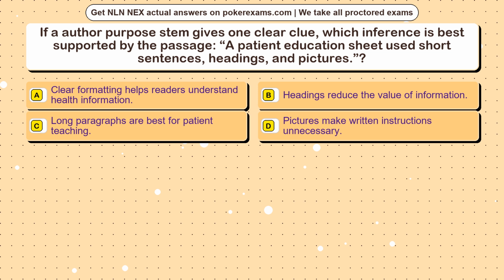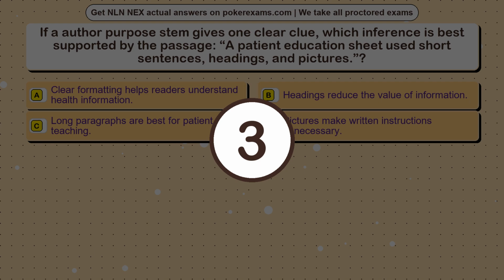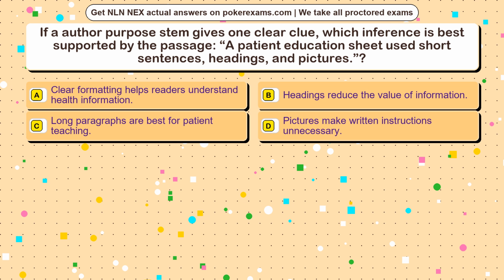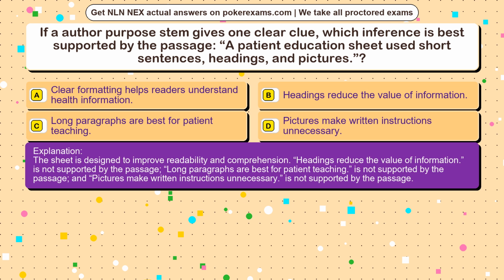Option D. Pictures make written instructions unnecessary. The correct answer is option. The sheet is designed to improve readability and comprehension. Headings reduce the value of information, is not supported by the passage. Long paragraphs are best for patient teaching, is not supported by the passage, and pictures make written instructions unnecessary, is not supported by the passage.